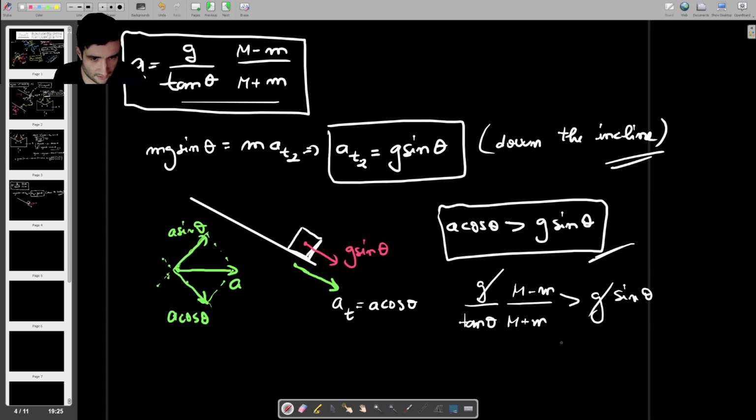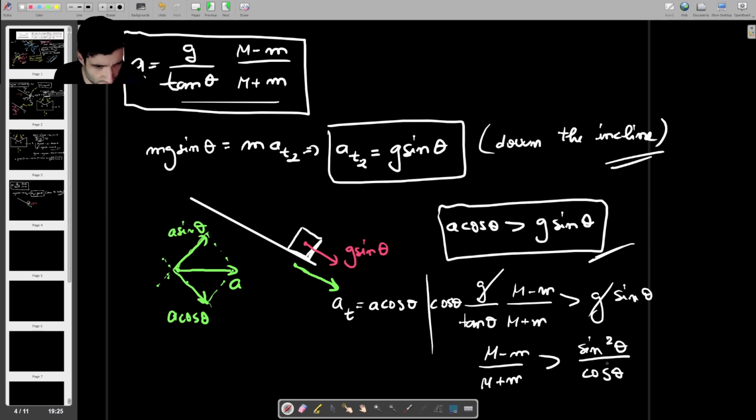The g's cancel out, and we get that M minus m over M plus m is going to be greater than sine theta times tan theta, or sine squared theta over cosine of theta. And now I just realized that there should be a cosine here as well. So when I divide both sides, this is going to be cosine squared, and this is going to be tan squared.